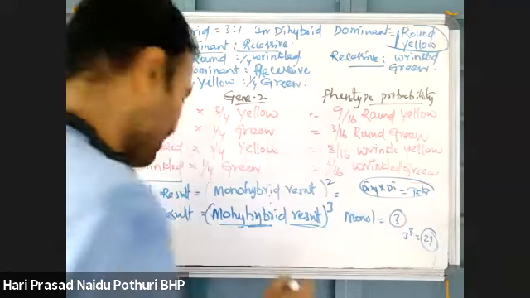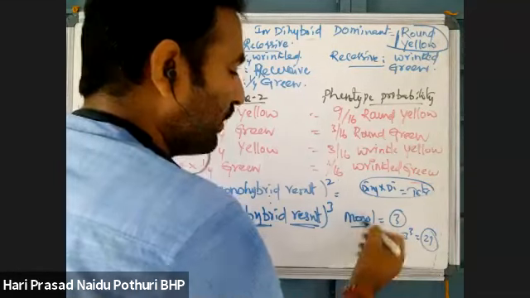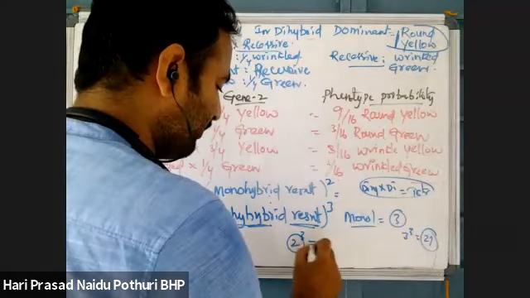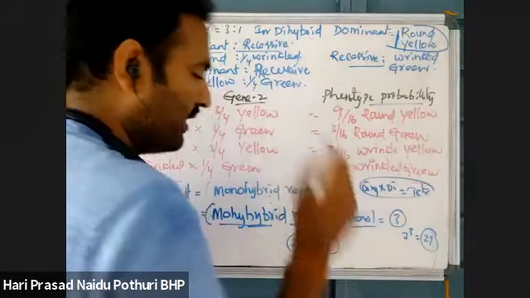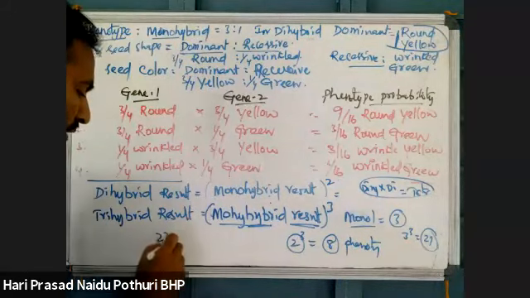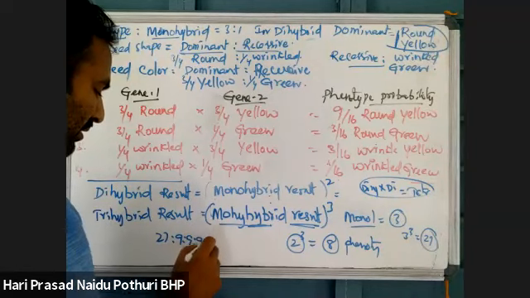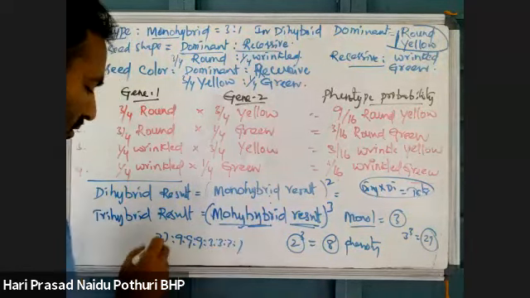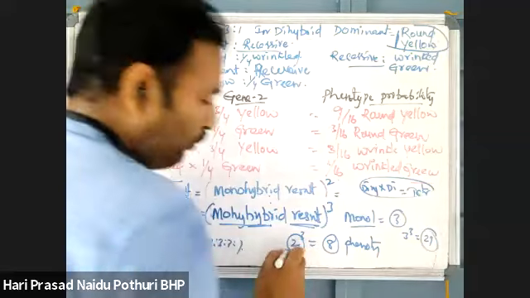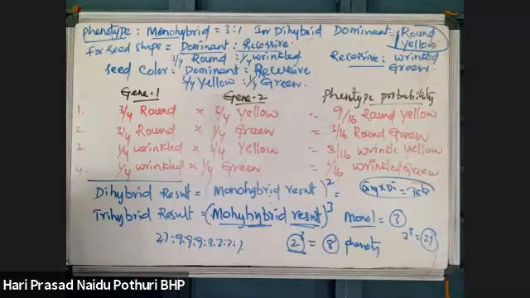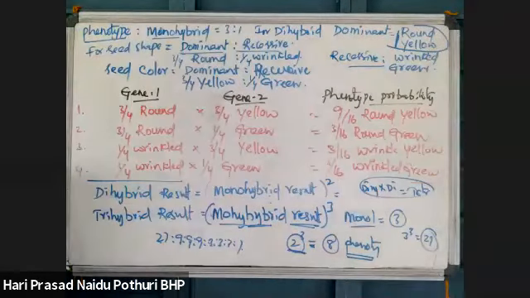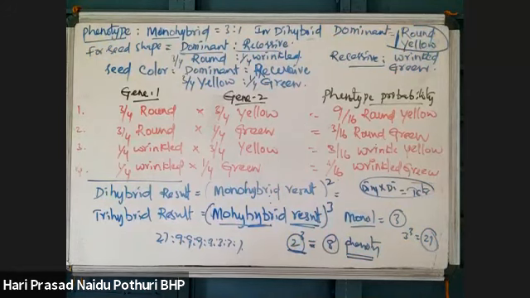And how many phenotypes are possible in monohybrid? 2 phenotypes. 2 power 3 means 8 phenotypes are possible in a trihybrid cross. The 27 is 9, 9, 9, 3, 3, 3, 3, 1, which gives 8 phenotypes: 1, 2, 3, 4, 5, 6, 7, 8.